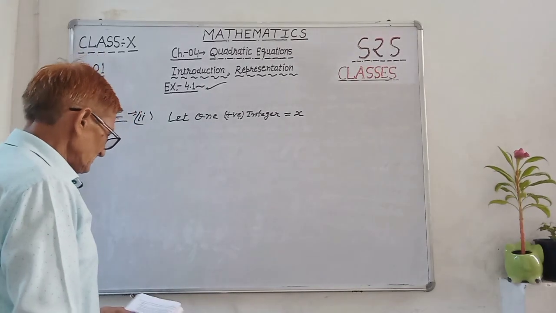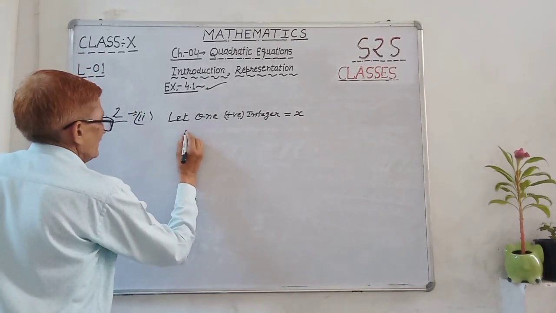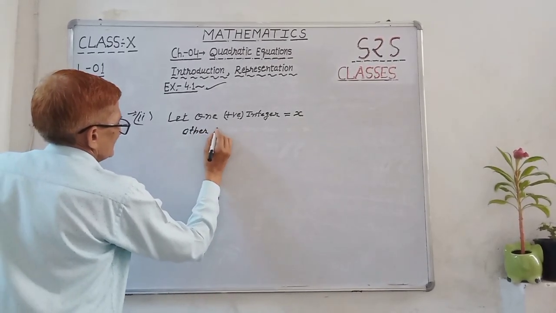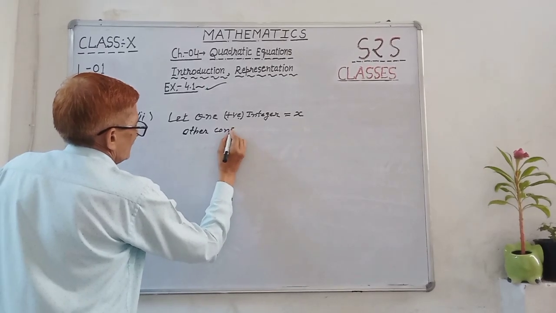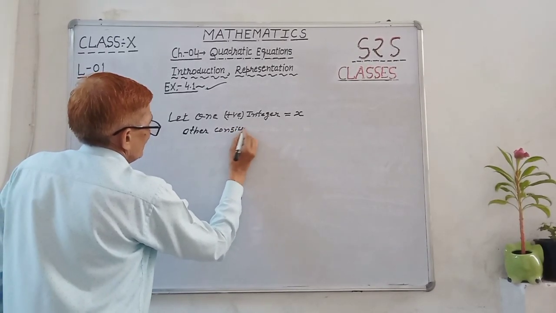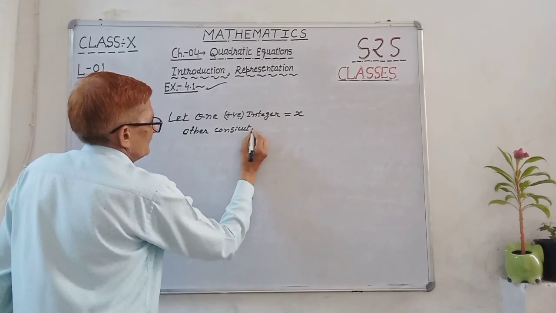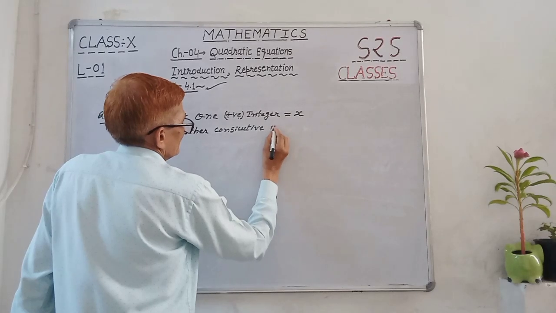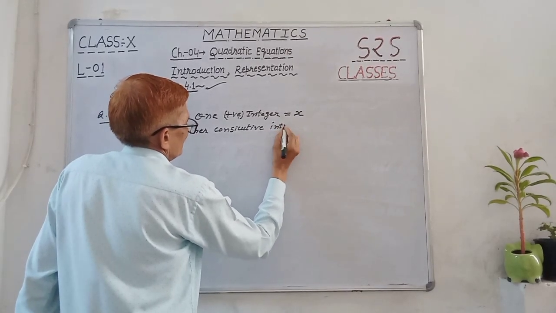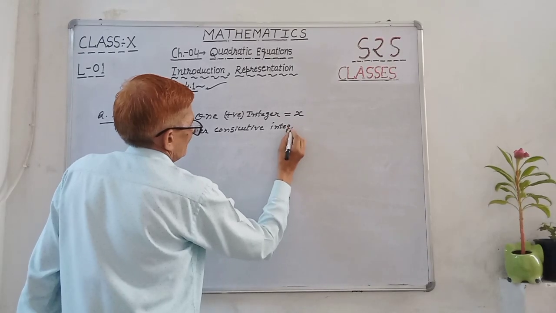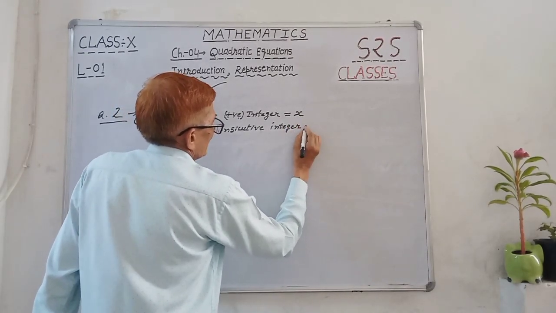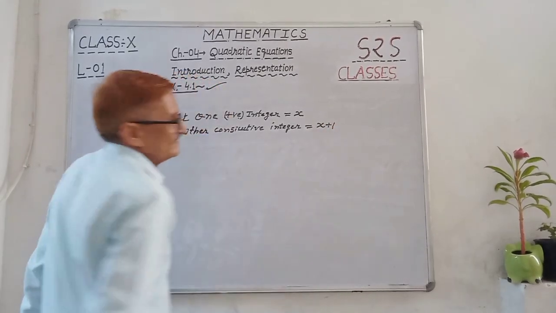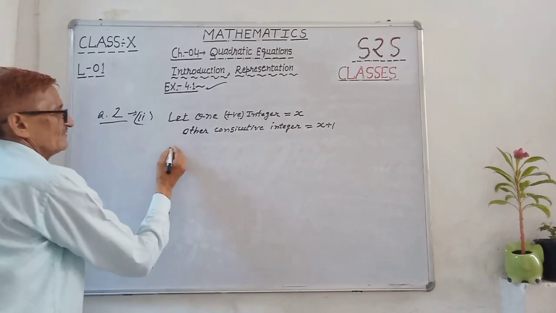So for consecutive positive integers, the other integer is one more than this.